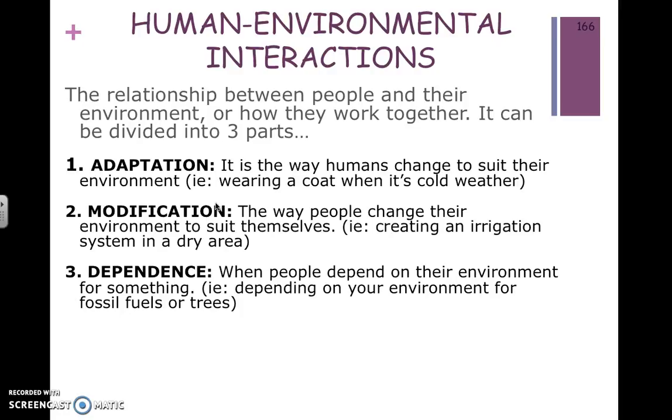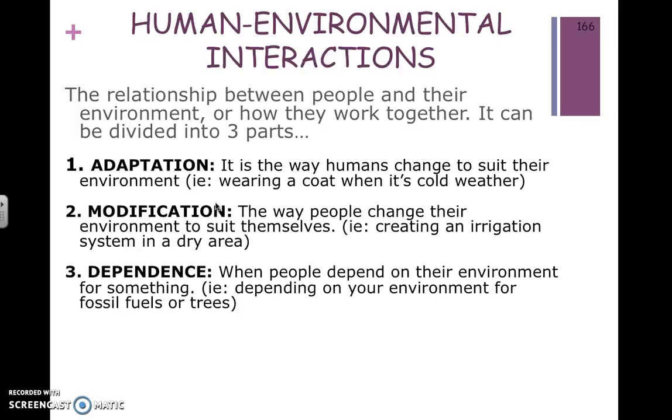The second one would be modification. It's a little bit different here. It's when humans modify their environment. Humans will do this, and we have been doing it since we arrived on Earth, to suit our ever-changing needs. So for instance, if you live in a dry area, whether it's the Sahara or the southwestern part of the United States, things are very hot and arid there. There's a lack of water.